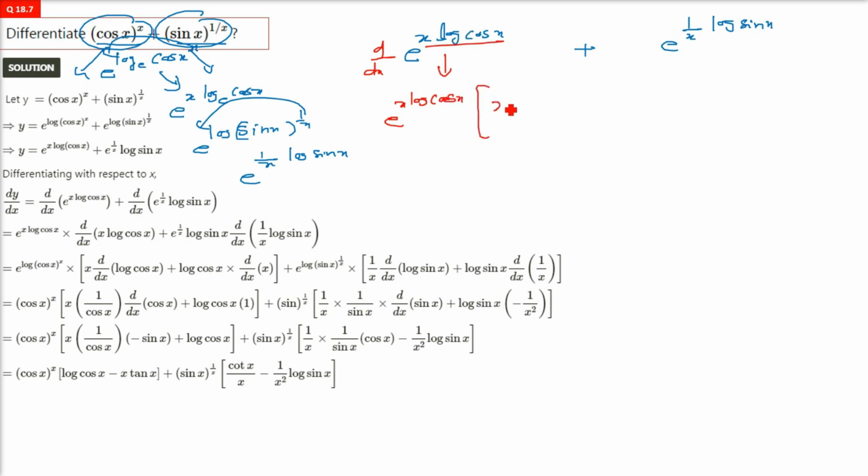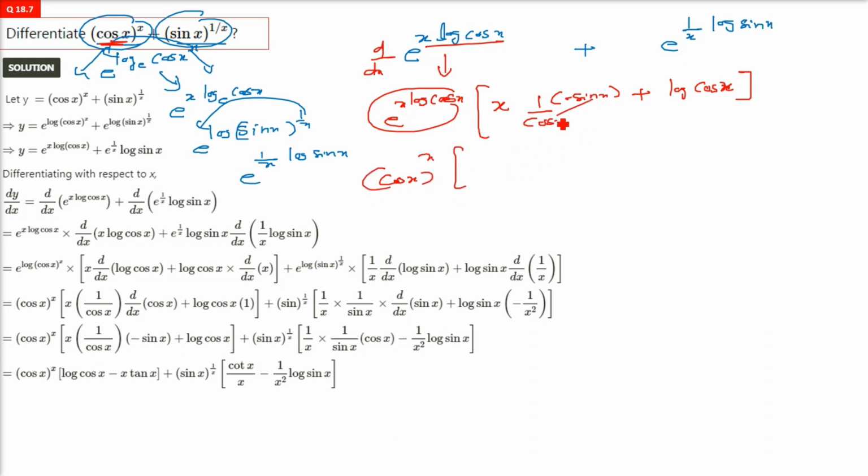Alright. Then the differentiation of x log cos x. X remains like that, and then log of cos x is 1 by cos x and cos x is minus sin x. Plus, now log cos x will take outside, differentiation of x will be 1. Alright. So this term we can directly write, because we actually started with cos x to the power x. So this is going to be cos x to the power x. Just replace it by cos x to the power x.